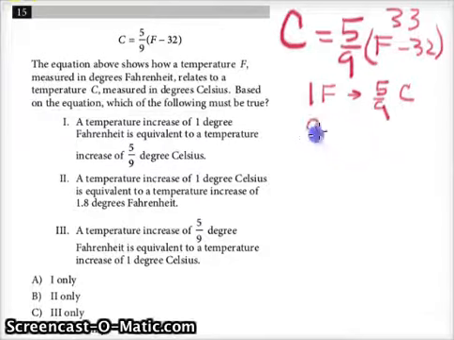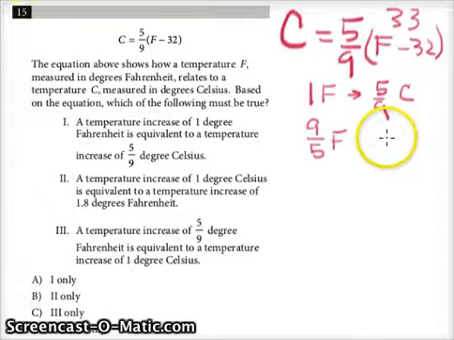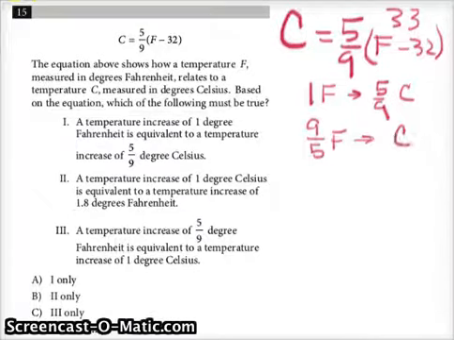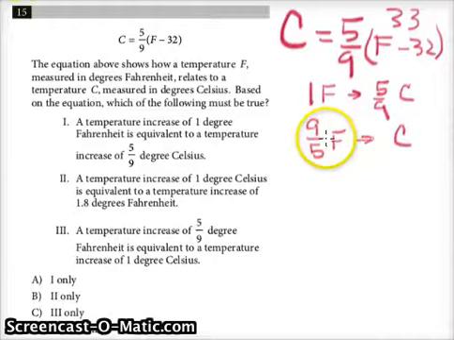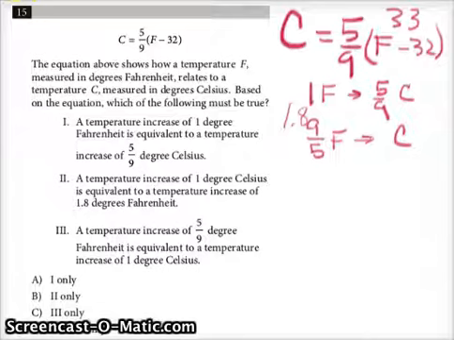I'm just going to go 9 over 5 F, and that's related to a C. And what that means is, as 1 degree Celsius goes up, the Fahrenheit goes up by 9 over 5, or 1.8. Okay, I probably could have explained that better.